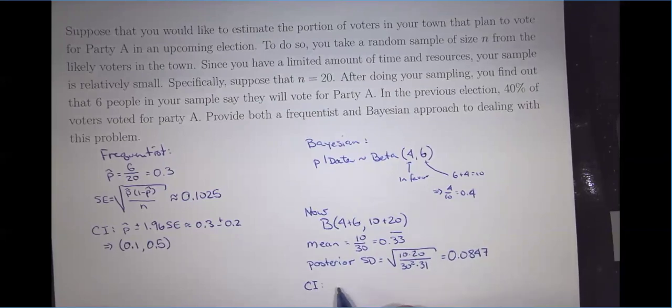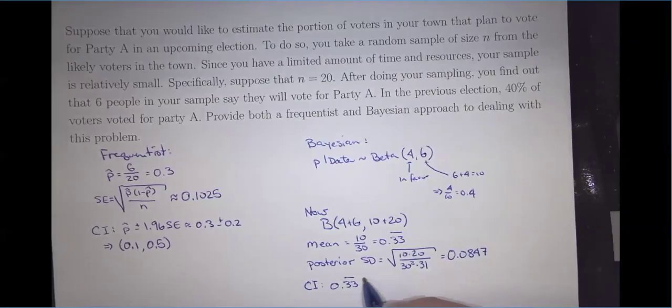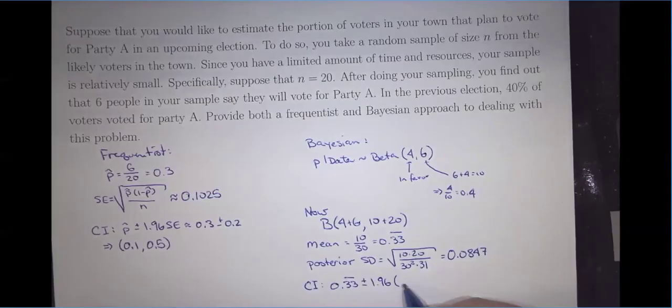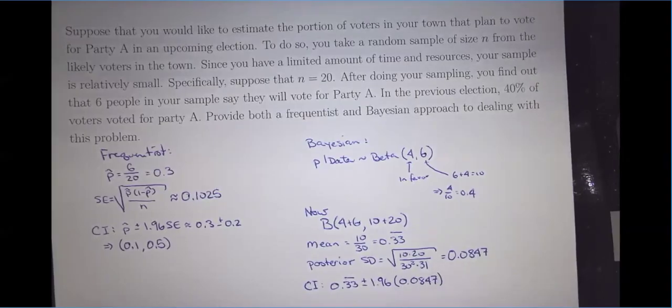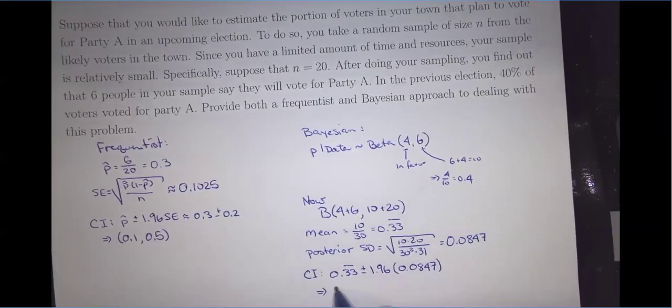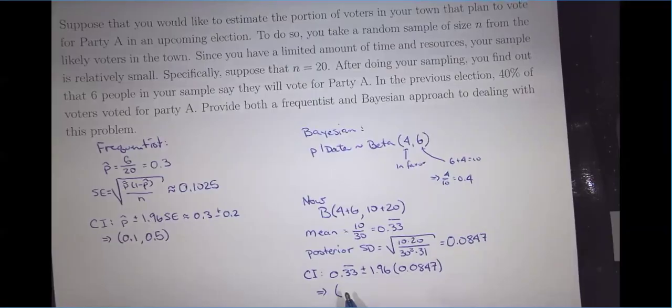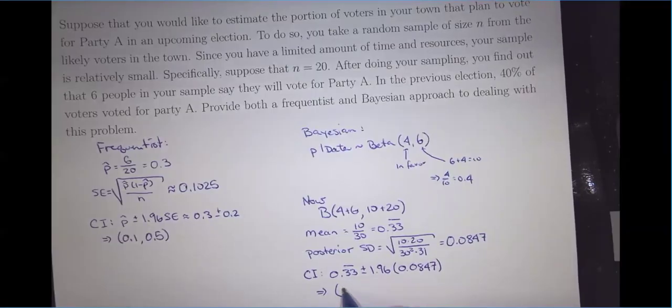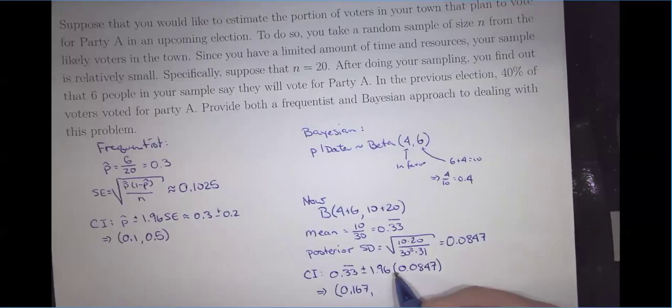And so our confidence interval here is going to be something like 0.33 repeating plus or minus 1.96 times 0.0847. And so our confidence interval is more like 0.167 up to 0.499.